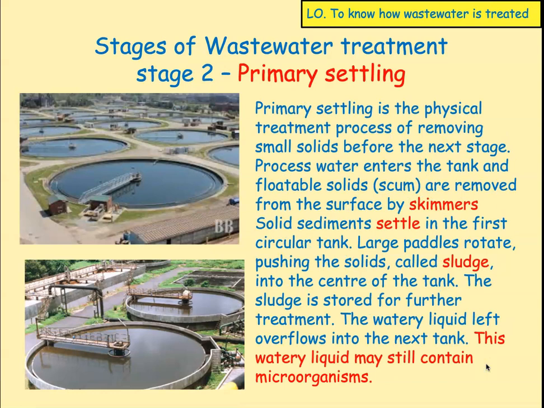Okay, the next stage is called primary settling. And it is the physical treatment process of removing small solids before the next stage. So the water enters the tank after it's been screened, and the floatable solids, or scum, are removed from the surface by skimmers that go round. Solid sediments settle in the first circular tank, so they settle at the bottom.